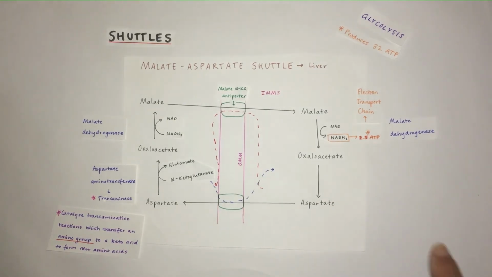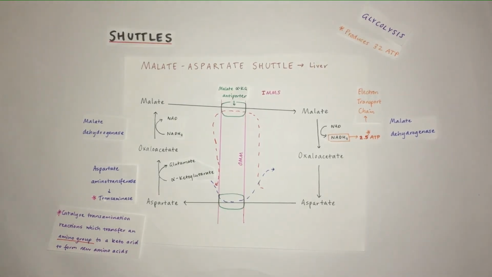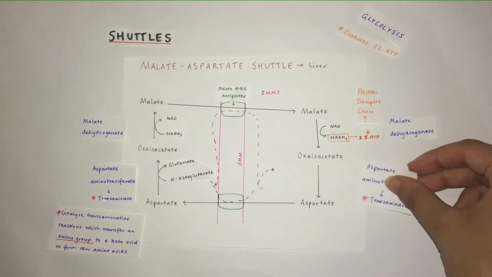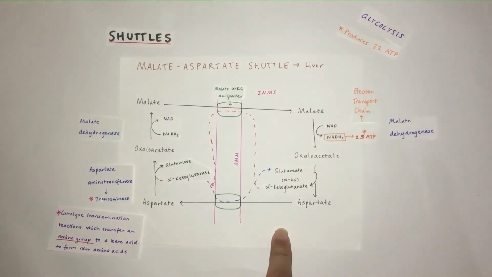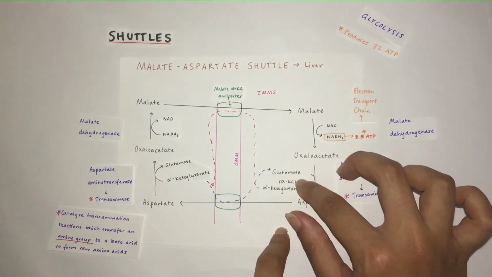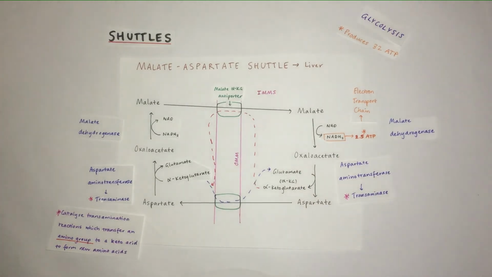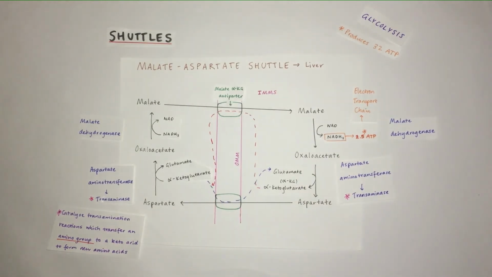Just continuing the cycle on though, we've done the most important part, but just to complete it, oxaloacetate can become aspartate. Again, it mirrors the other side, aspartate aminotransferase here. And the glutamate also has an arrow to alpha-ketoglutarate here because we've got that transamination reaction where an amino group is transferred to a keto acid. So it's a pretty special type of reaction.